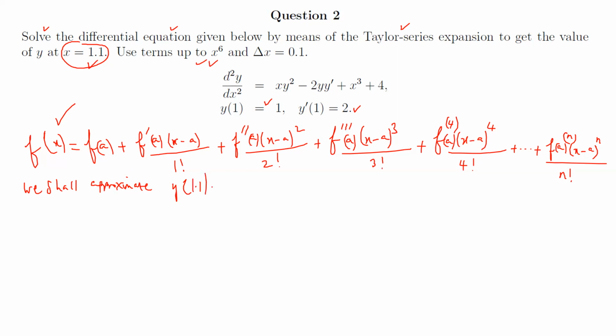So we shall approximate y at 1.1 by the truncated power series, by the truncated Taylor series, which has properties of what we call power series, which is a more general notion of what we call series. Okay, right. So now we shall therefore write 1.1 as they wanted.